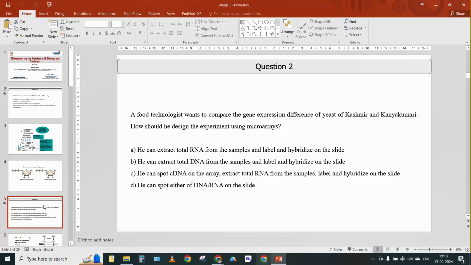Also, he can spot cDNA on the array, extract total RNA from the samples, and label and hybridize on the slide. And the last, he can spot either DNA or RNA on the slide. So, what are your suggestions on this question? Anyone would like to highlight this?